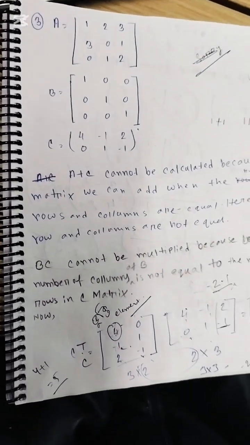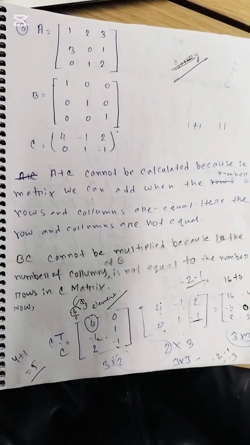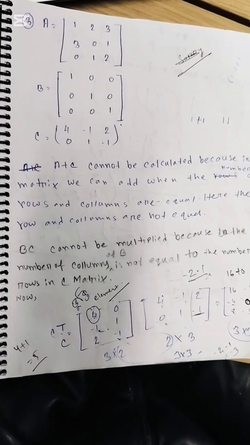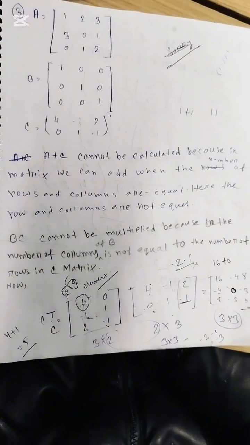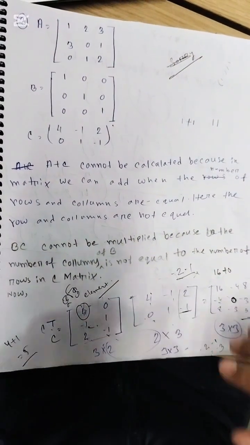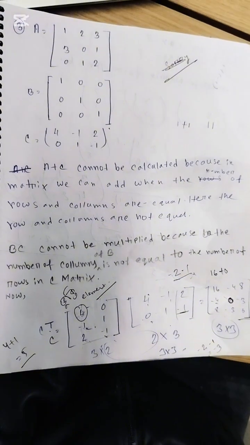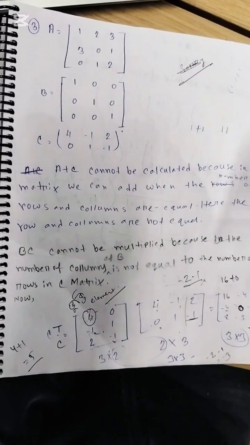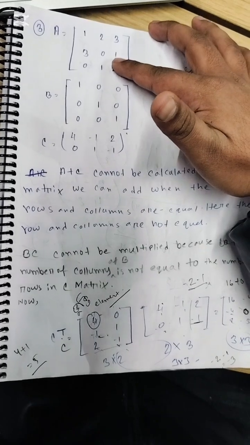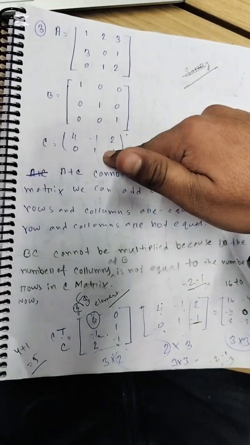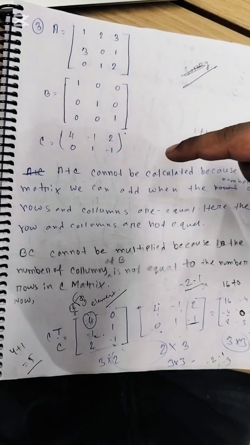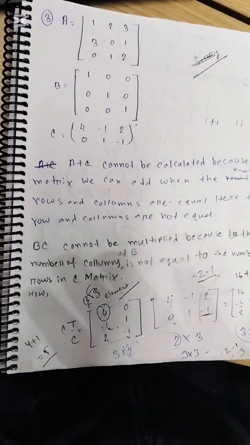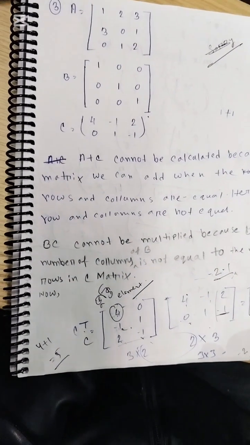The question is about calculating whether A plus C is possible, but I think A plus C cannot be calculated, because in matrices we can add only when the numbers of rows and columns are equal. But you can see here the rows and columns are not equal, so A plus C cannot be calculated.